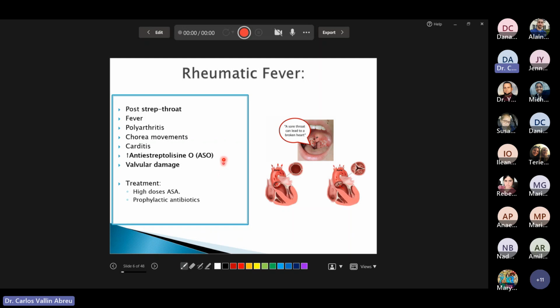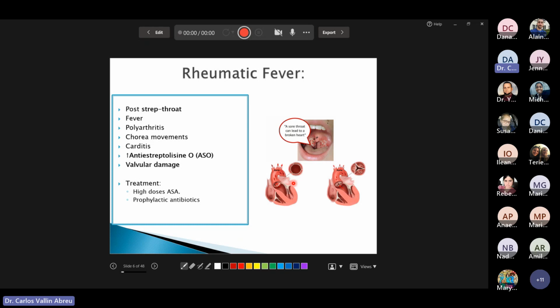But the inflammation that occurs in the heart can leave consequences, can leave sequelae, at the level of the valves. The inflammation this autoimmunity produces in the mitral valve, that is between the left atrium and the left ventricle, and the aortic valve, that is at the exit of the left ventricle into the aorta, can produce permanent damage of those valves.